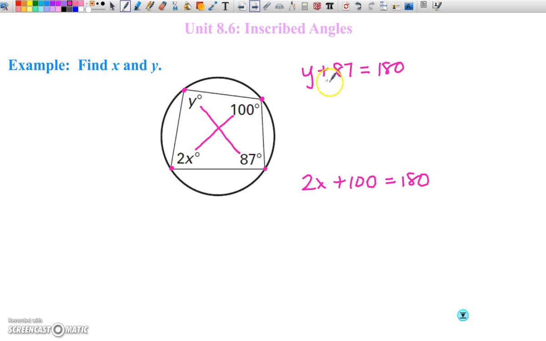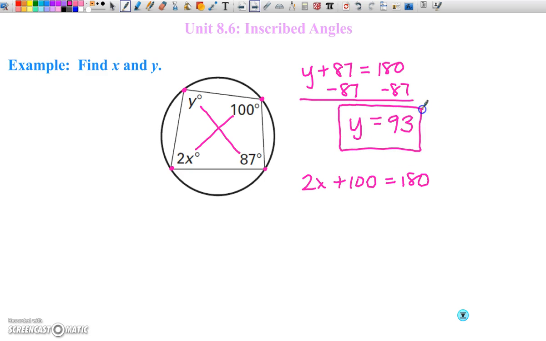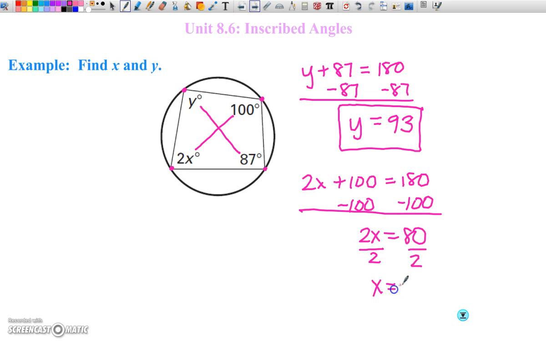They will be supplementary. So subtract 87 from both sides of your equation here to get y equals 93. There's your y value. And then subtract 100 here to get 2x equals 80. Divide by 2, and x equals 40. And there's your second answer.